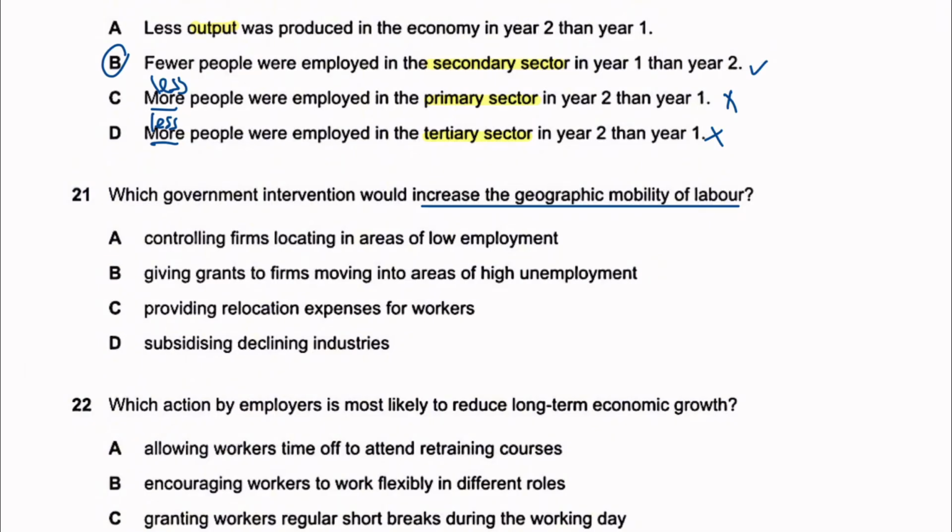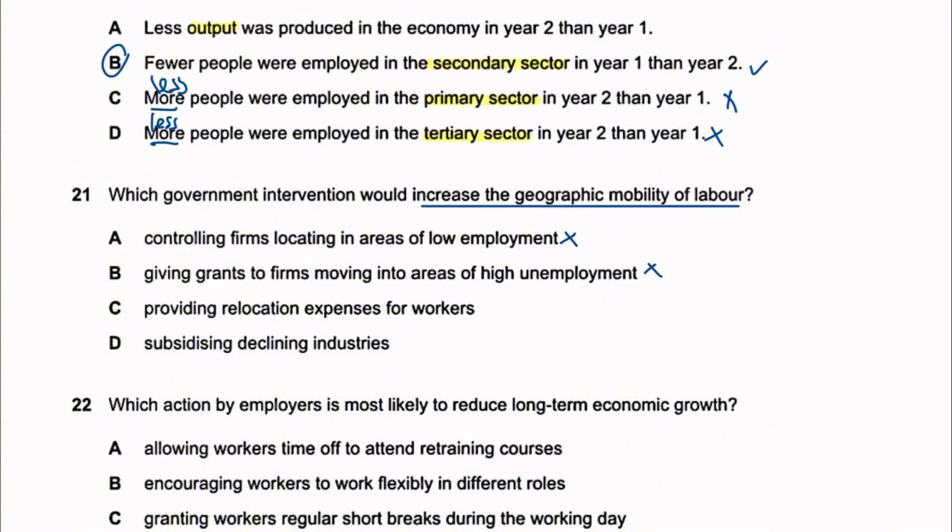First one, controlling firms locating in areas of low employment. No. Giving grants to firms moving into areas of high unemployment. So these are all not, because they're related to firms, not directly towards the labor. So they're wrong.